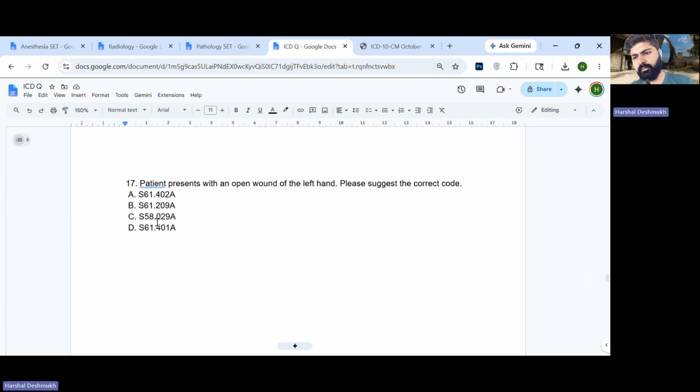Moving on to the next one. Patient presents with an open wound of the left hand. Please suggest the correct code over here. Now choose the best option among the four.